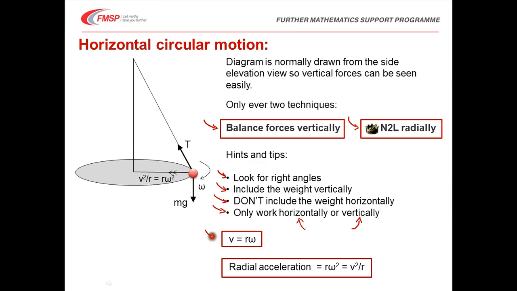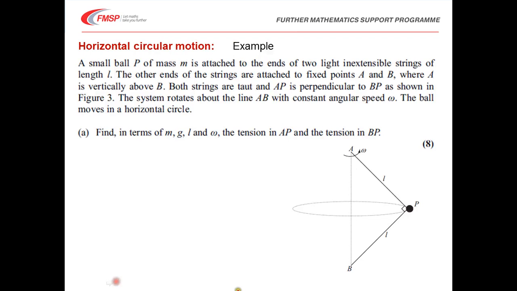Formulae that you need to remember: linear velocity along the circumference is equal to the radius times the angular velocity, and our two formulae for radial acceleration that we mentioned when we were looking at the specification, r omega squared and v squared over r. You have a choice of which of these two you use depending on the question that you're being asked and the information you're given. Okay, so let's take a look at some questions.